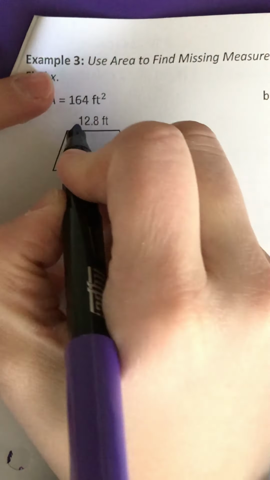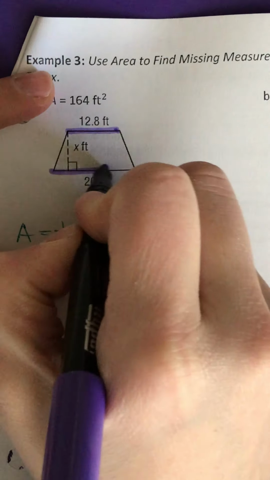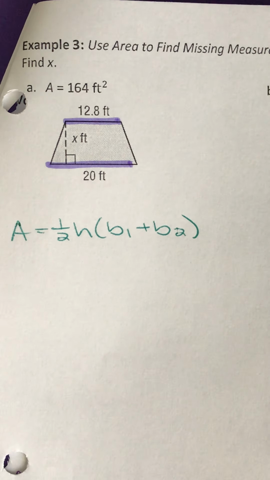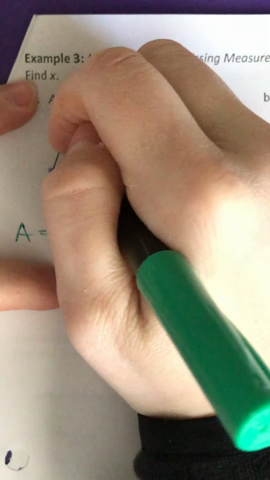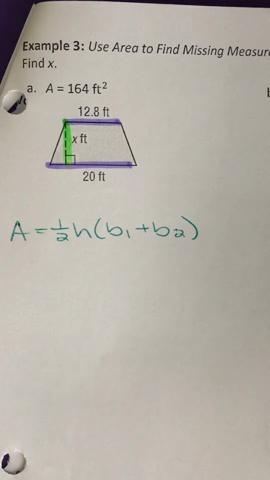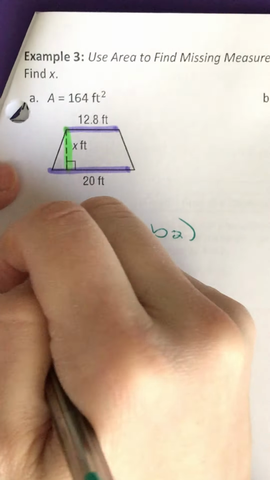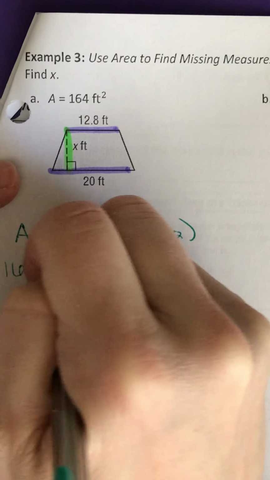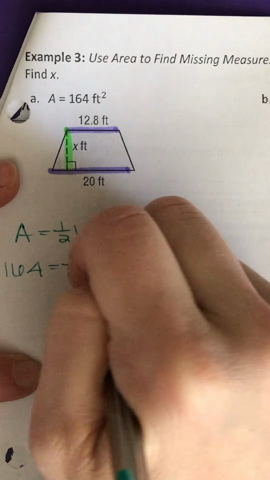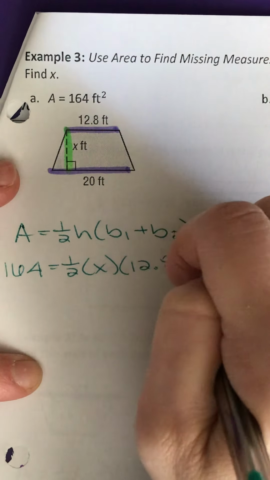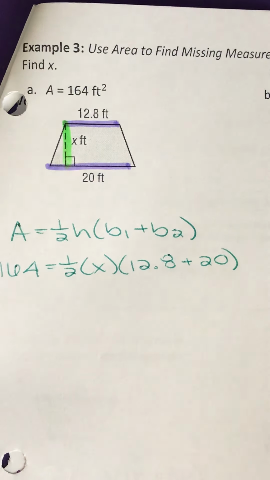My bases are 12.8 and 20. My height we do not know. So my area of 164 equals 1/2 times x, the unknown, times 12.8 plus 20.